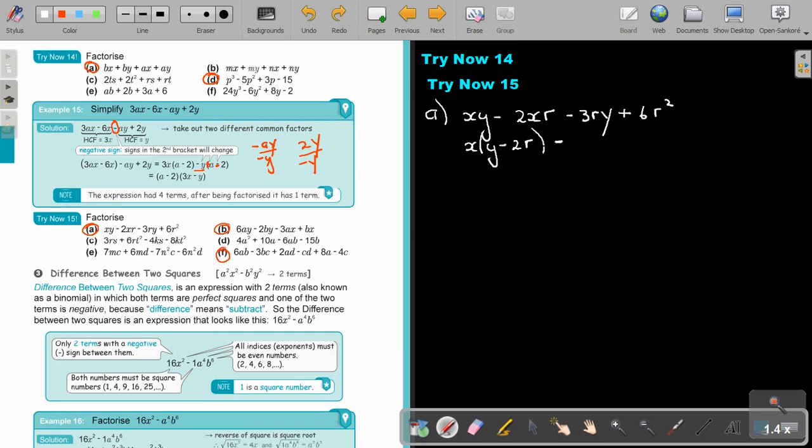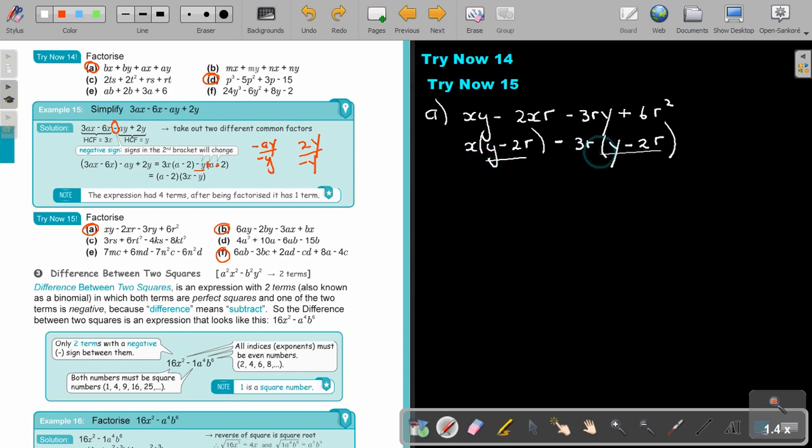Okay, so if I take out negative, and I take out a 3 and an r. Now, a negative divided by negative is a positive, okay? So this is just going to be y. A positive 6 divided by negative 3, it's going to be negative 2r. And then I'm just going to say, oh, 2 terms, and the brackets are the same.